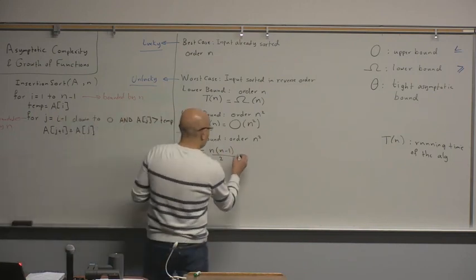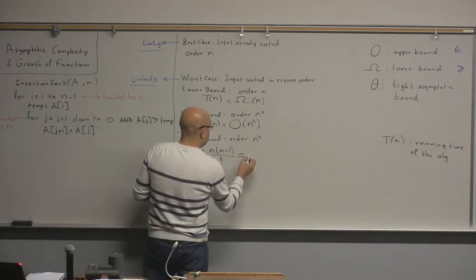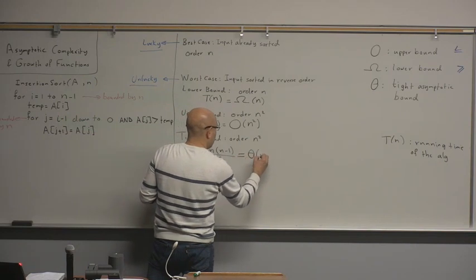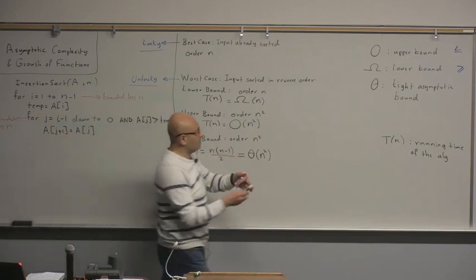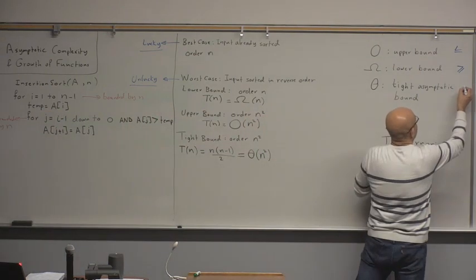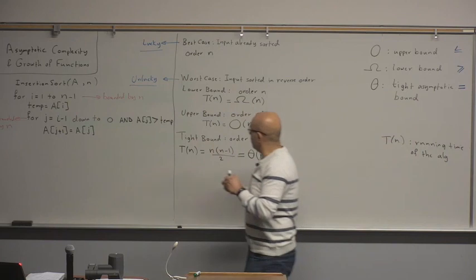And this is what we expressed using the theta notation. This is theta of n squared. So this is absolutely of order n squared. So you can think of the theta as equal.